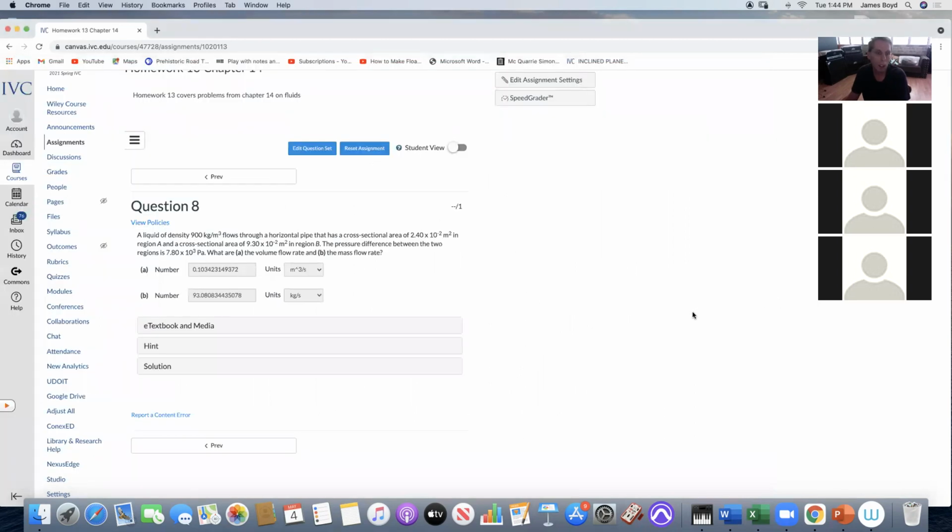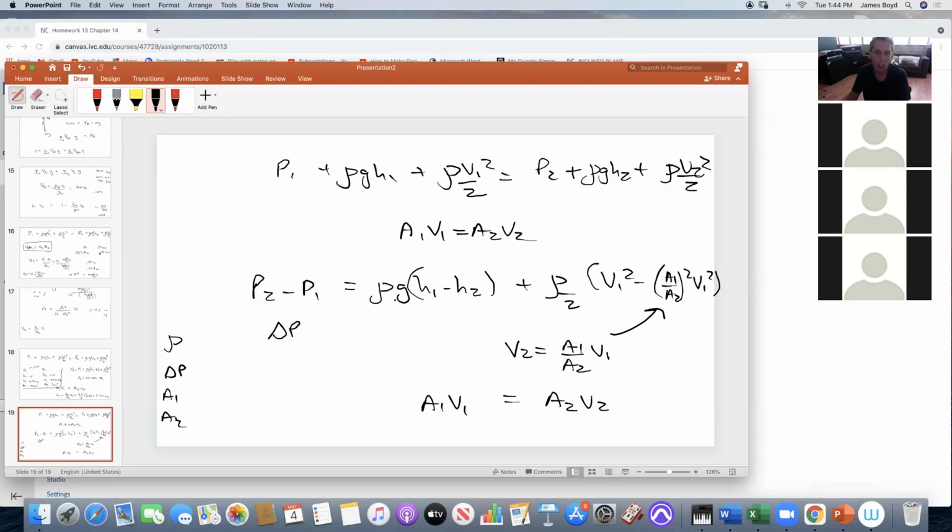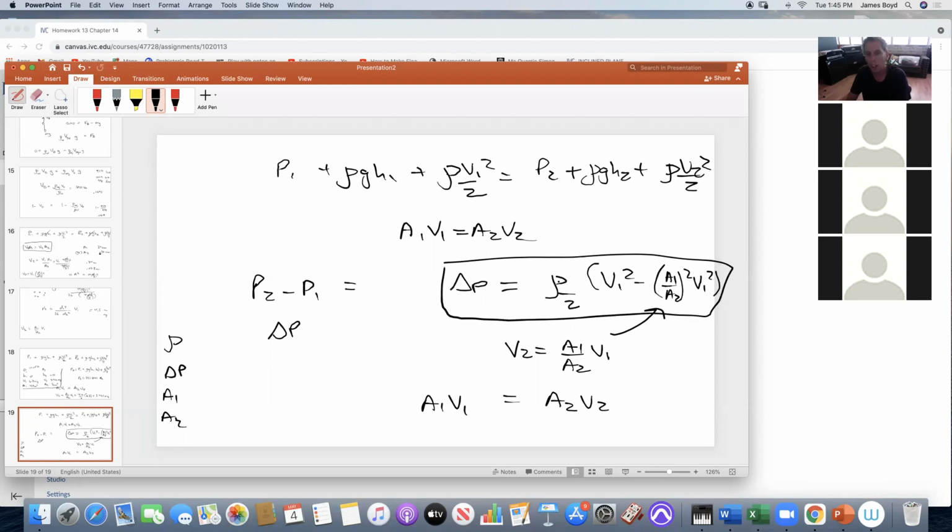You can assume that the horizontal pipe has no change in height, so this term goes away. And so this is just delta P. Solve this for V1, 900 over 2, which is 450. So I would get delta P over rho over 2, times 1 over 1 minus (A1 over A2) squared, is equal to V1 squared. All I did was rearrange that stuff.